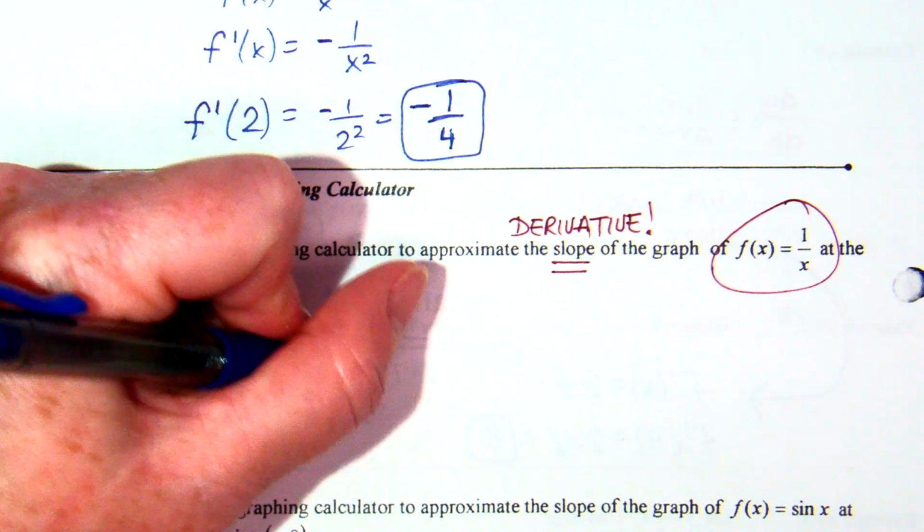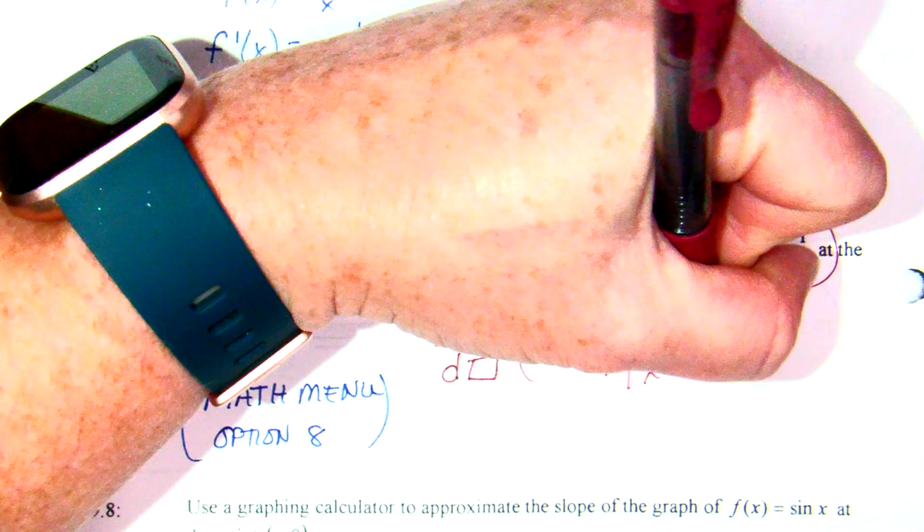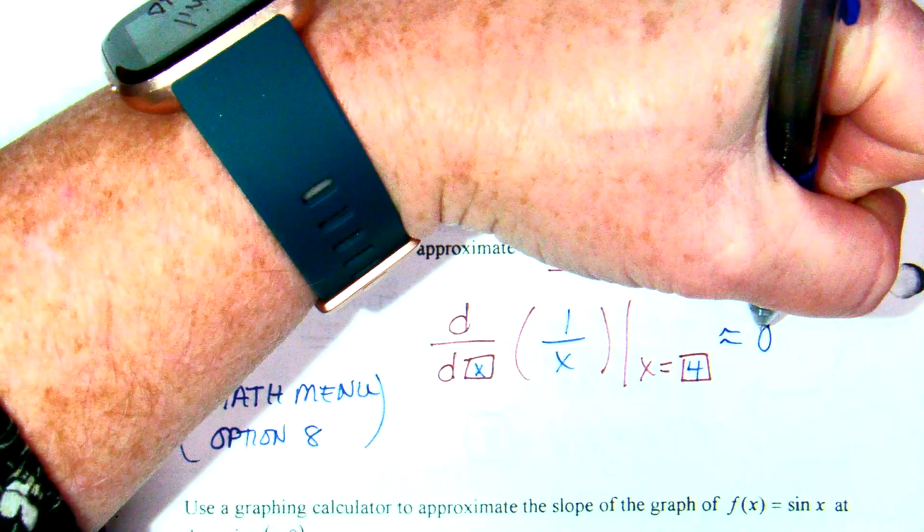It's in alpha window and it's number 3. You'll always be given that setup. You had to fill in x to make it d over dx. 1 over x was our function, and x equals 4 was the value. And our calculator told us approximately negative 0.0625.